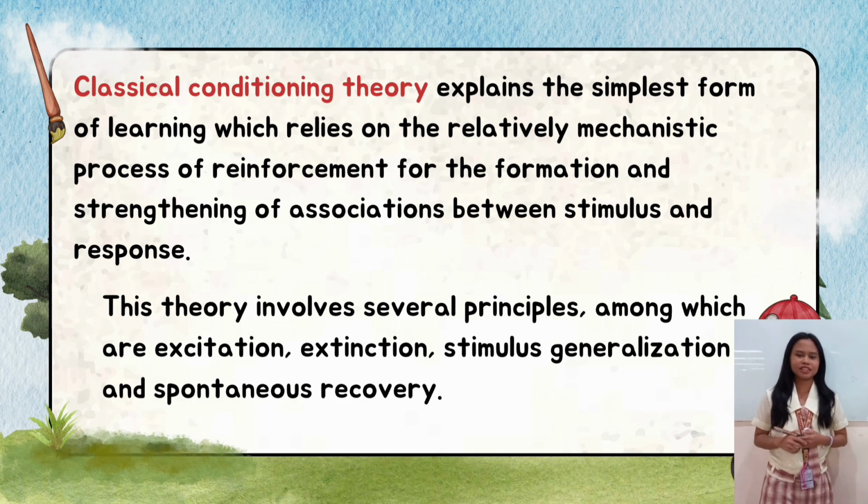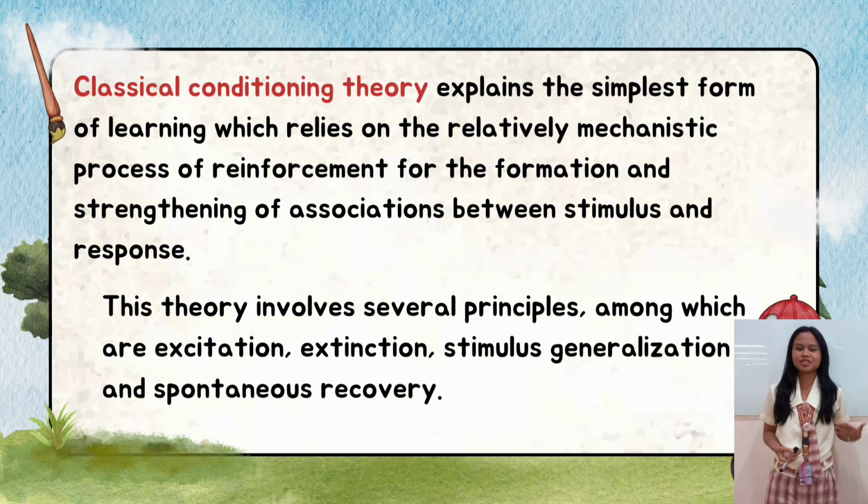Classical conditioning theory explains the simplest form of learning, which relies on the relatively mechanistic process of reinforcement for the formation and strengthening of association between stimulus and response.